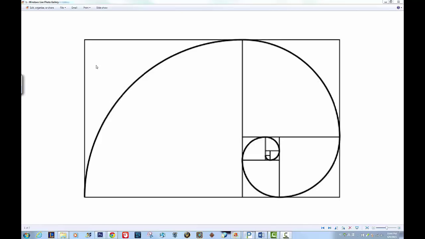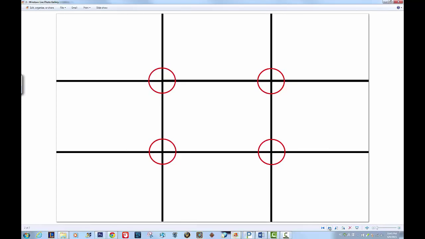So this is the early image we looked at. This is the golden ratio. You have this spiral relationship throughout the entire photo or picture. The other compositional element people use a lot is the rule of thirds.